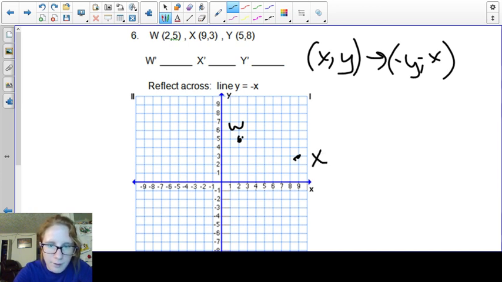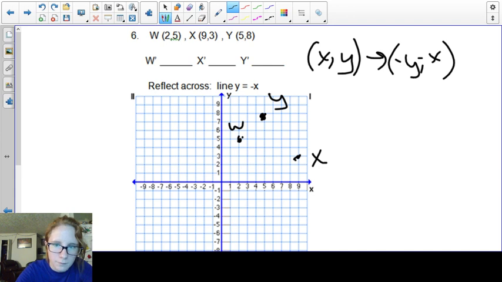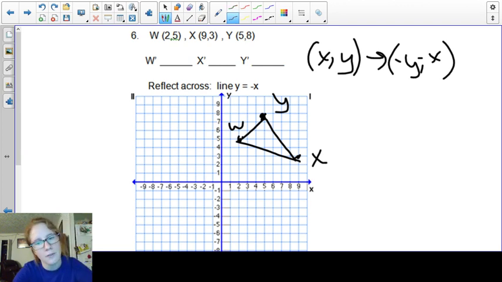And 5, 8. That y just looked way too much like an x, so I had to fix it. So there's my original. Everything's going to flip and become the opposite sign.